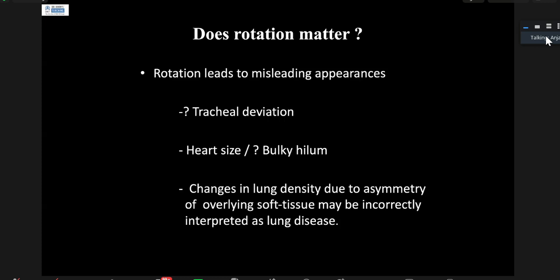One side of the lung hilum may be projected abnormally prominently. And sometimes there may be changes in the lung density. Because of asymmetry, one lung may look whiter or blacker, and that should not be interpreted as pathology if you are aware that the patient is rotated.